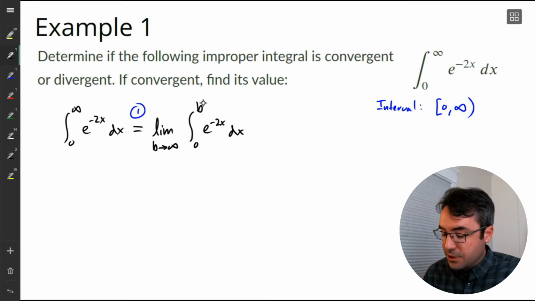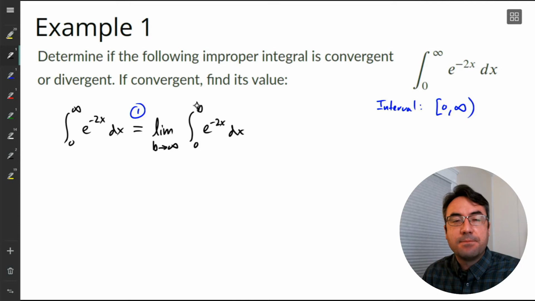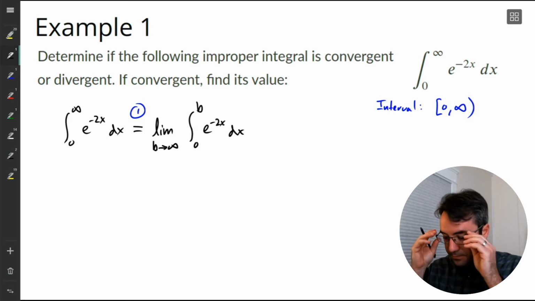And so we've essentially taken that infinity off of our upper limit, and we've done the only thing that we can do with infinity, which is approach it, do a limit. So we're doing the limit as the upper bound gets larger and larger, as the upper bound approaches infinity. So this is always going to be our first step. When we have an improper integral, rewrite it as a limit.